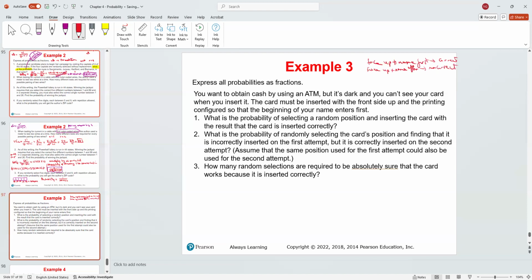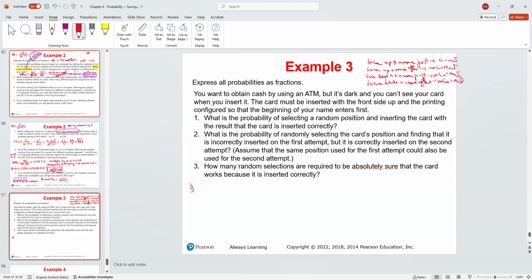Is that the two? No, because it's dark and you can't see, maybe you would also enter it face down with the name first, also incorrect. And you can also enter face down with the name after, also incorrect. The only time it's correct is when you enter face up, name first. So you see that you have 4 different possibilities.